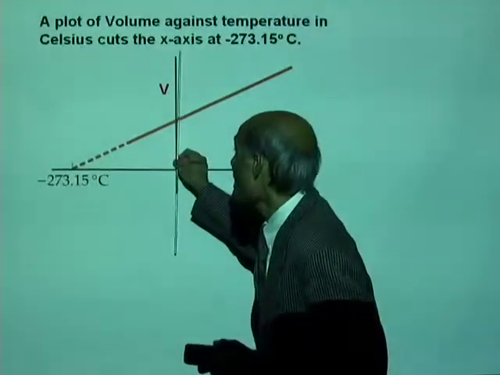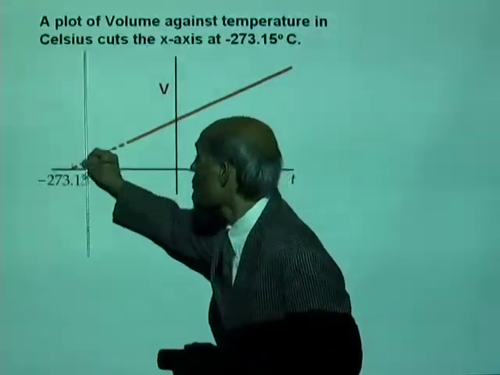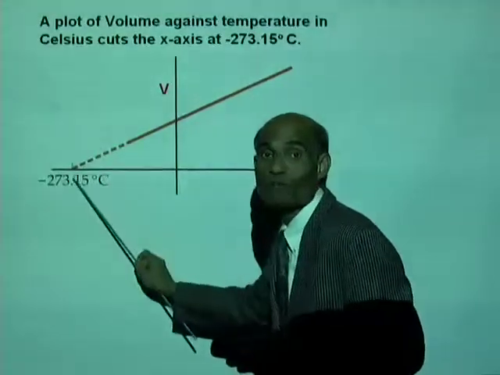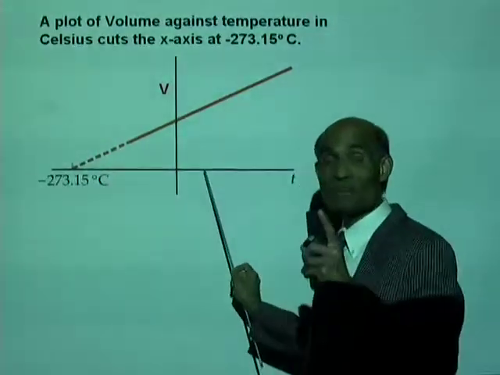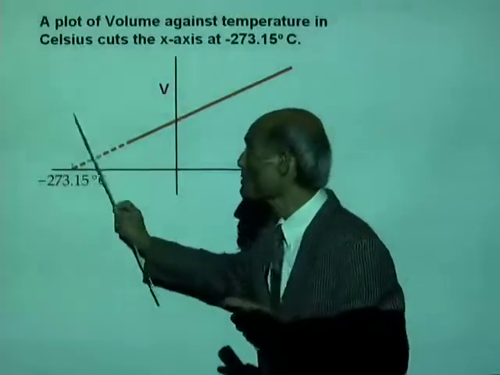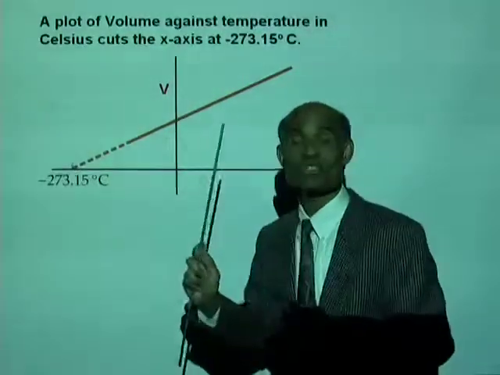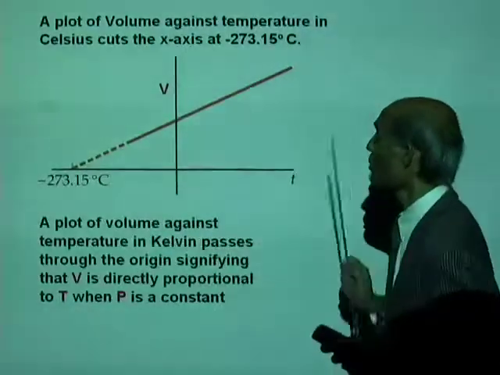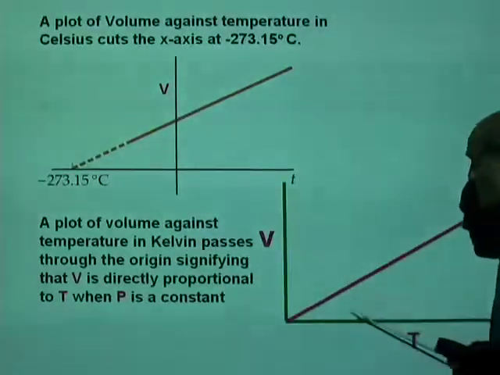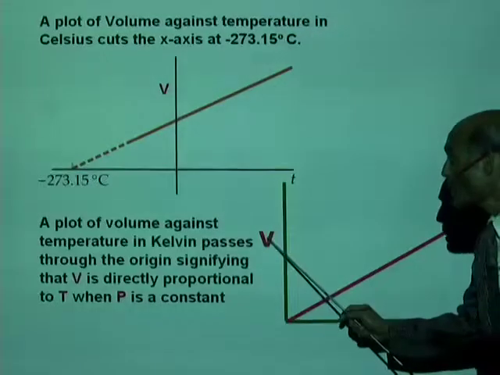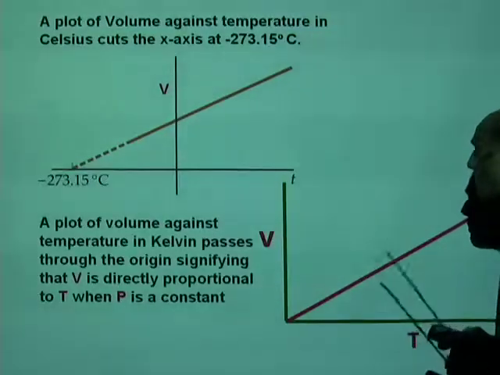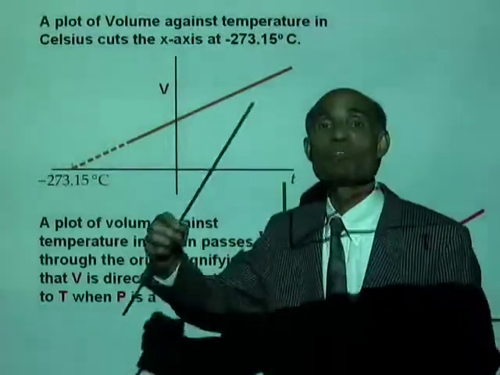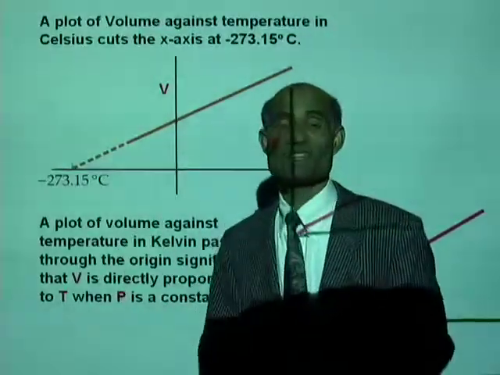That means if you now move the volume axis over to 0 Kelvin, the graph of volume against Kelvin temperature will be a straight line through the origin like this. It means volume is directly proportional to the temperature, which gives rise to V divided by T is a constant.